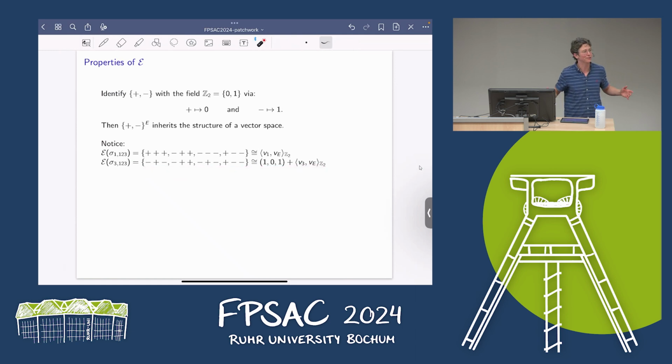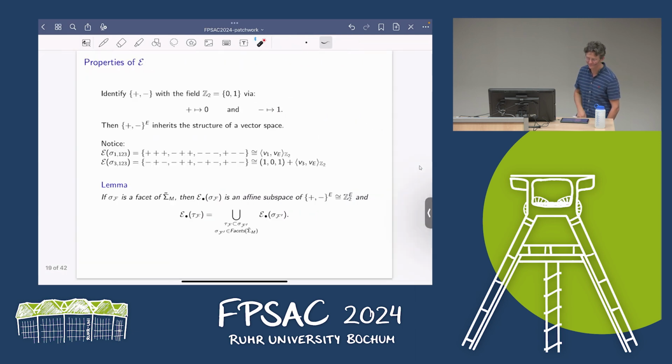This is an affine vector subspace. Okay? And there's nothing more special than this one, that one is a vector subspace and one is an affine vector subspace. So literally here, the observation is that these two are both affine vector subspaces of the field of 2 elements to the power of E. Okay? And that's the lemma.